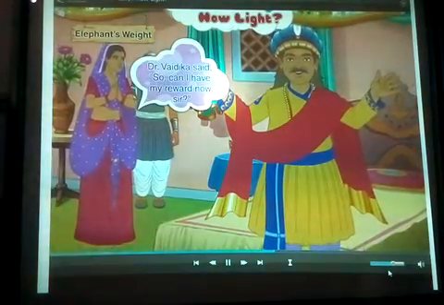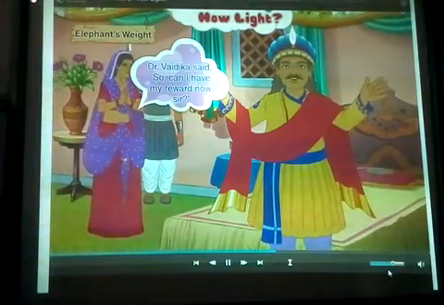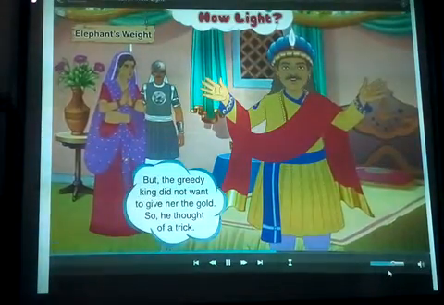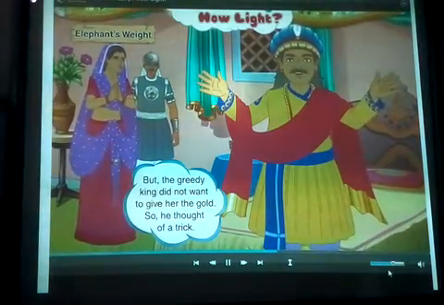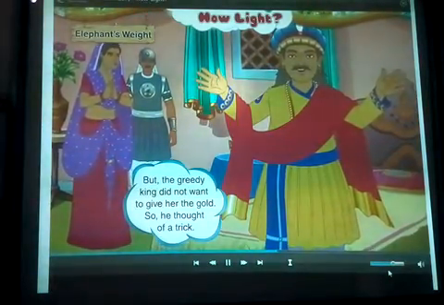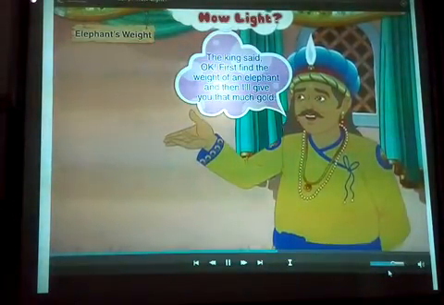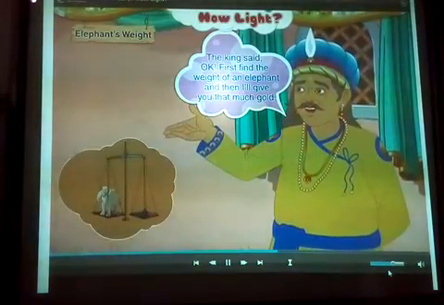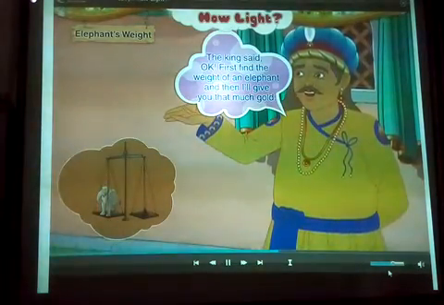Dr. Vedika said, "So can I have my reward now, sir?" But the greedy king did not want to give her the gold. So he thought of a trick. The king said, "Okay, first find the weight of an elephant and then I'll give you that much gold."